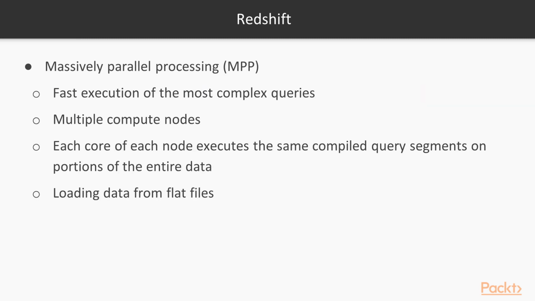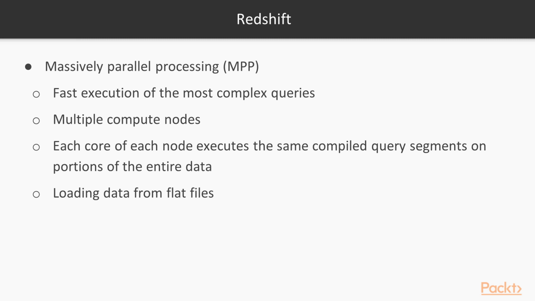So again, the important difference here between Redshift and a more standard database is this massively parallel processing execution model. And this allows it to perform much faster execution of very complicated queries on huge amounts of data that you simply wouldn't be able to do with a traditional database.